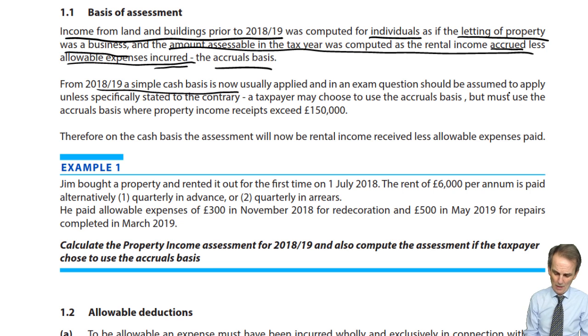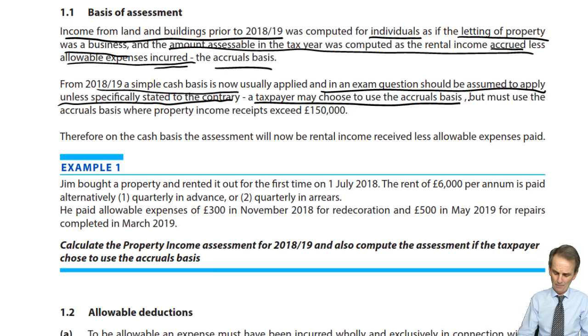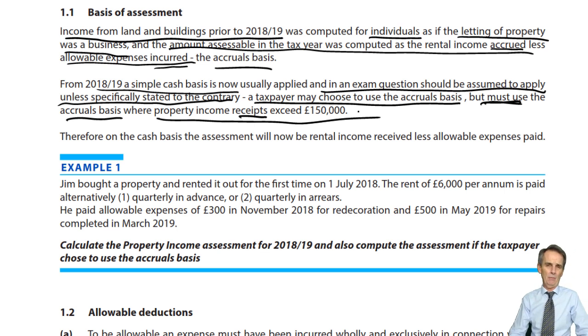And we should assume here that the cash basis, again in an exam question, should be assumed to apply unless specifically stated to the contrary. Now, why would that be the case? Well, a taxpayer may in fact choose to continue to use the accruals basis, or then must use, no choice here, the accruals basis where property income receipts exceed £150,000.